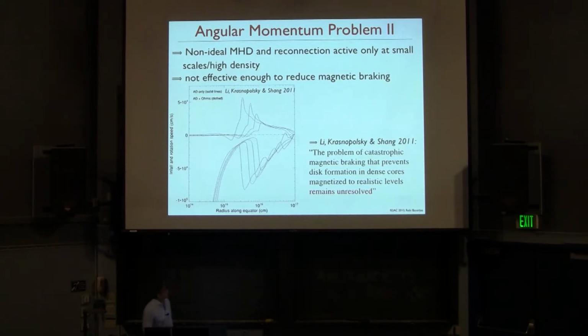And two years ago, they still stated that this problem remains unresolved, which I would say is more or less solved by now. At least we know how to form disks.